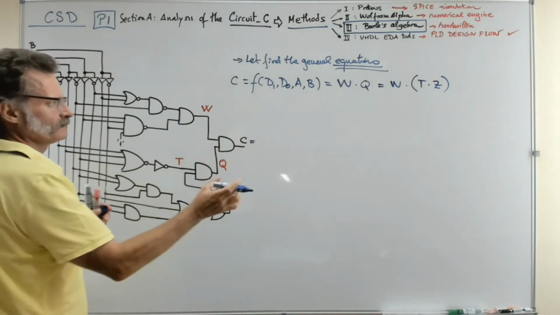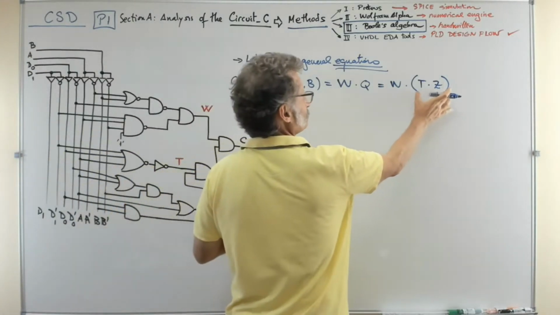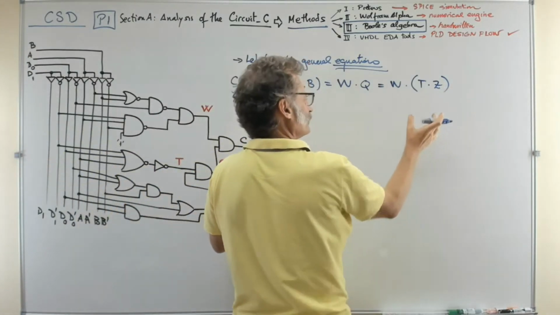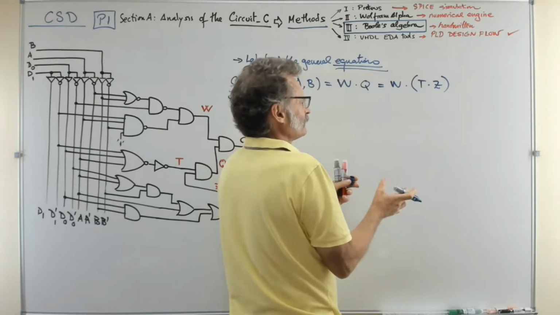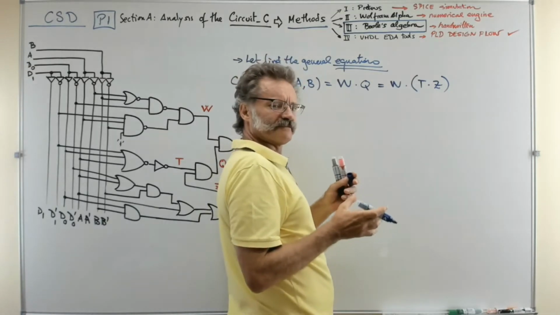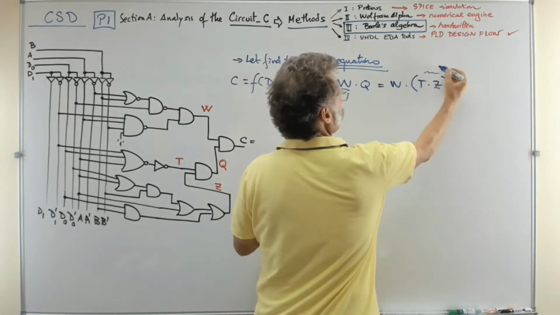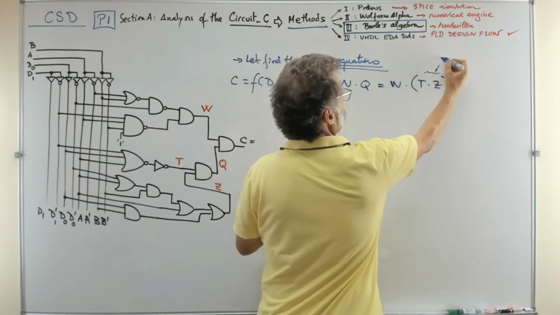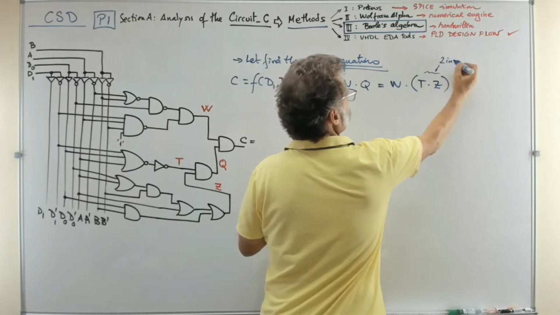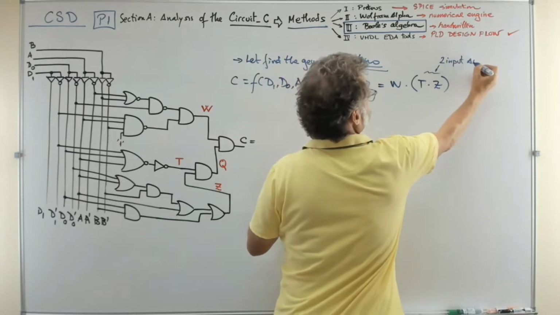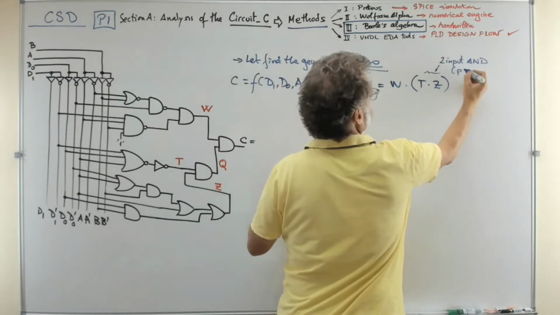In some way, the parenthesis is not necessary, but here it is placed for emphasis. The emphasis of the parenthesis in some way means a two-input AND. That's the meaning of the parenthesis here.